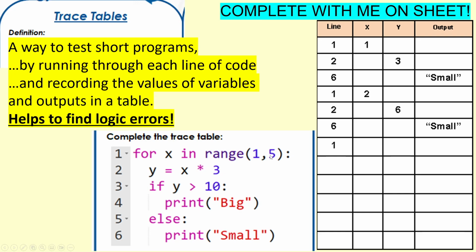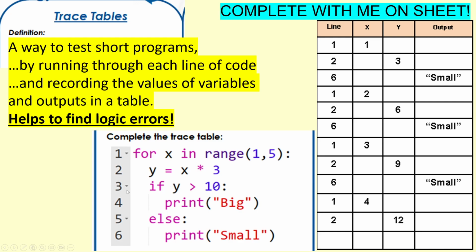Going around again, back to line 1. This time x is 3. 3 times 3 is 9 on line 2. 9 is still not bigger than 10. So again, we output small. And on the fourth iteration going round, x is this time going to be 4. 4 times 3 is 12.